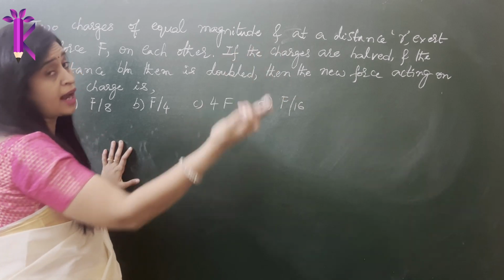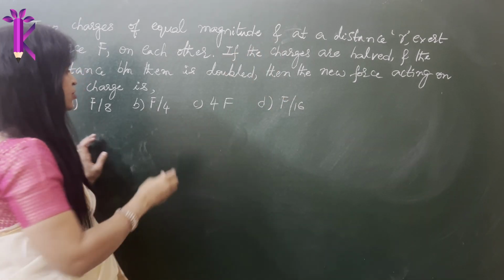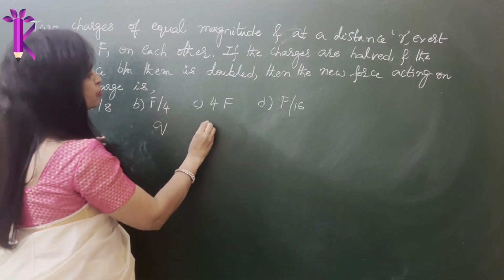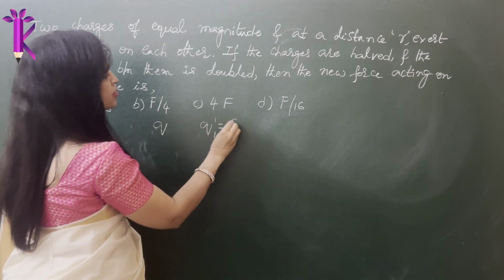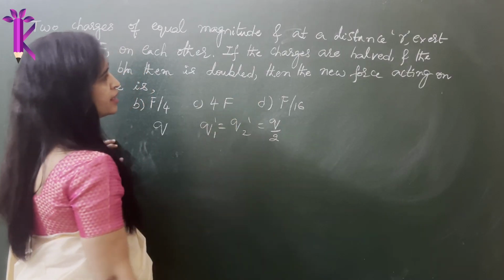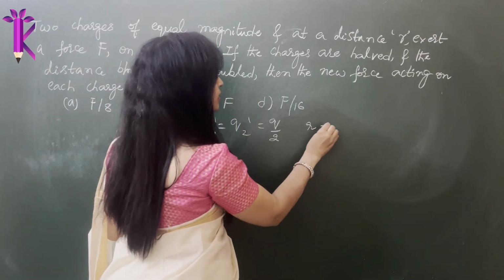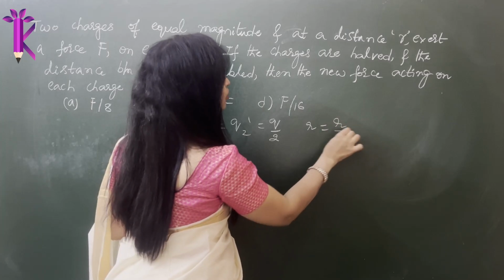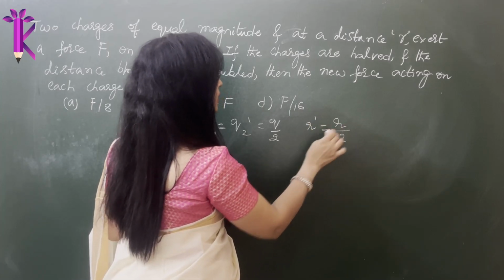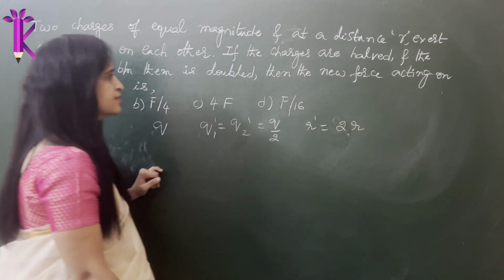If the charges are halved, the new charges Q1 dash equal to Q2 dash will be half of the earlier charge Q, and the distance between them is doubled. So R was the earlier distance, now your new distance R dash is going to be 2 times the initial distance of separation.